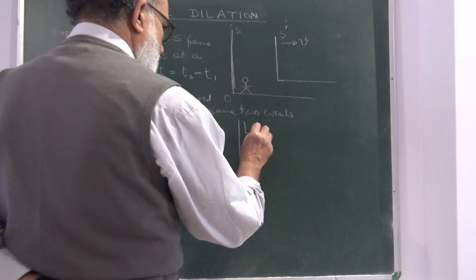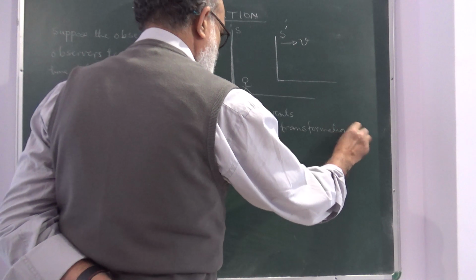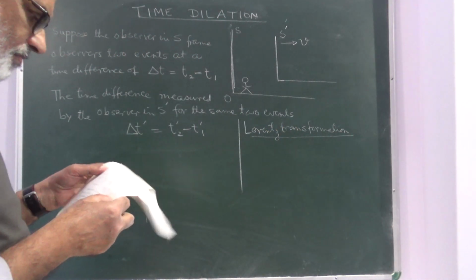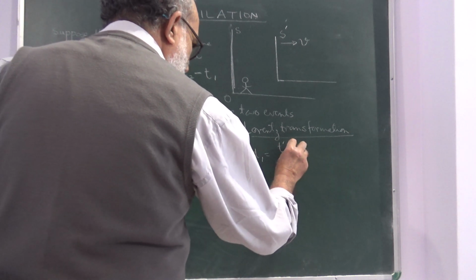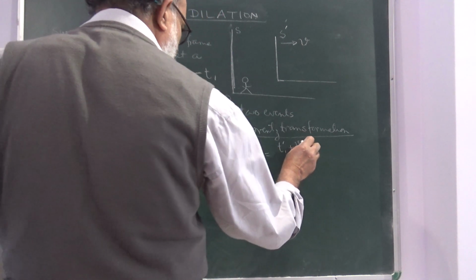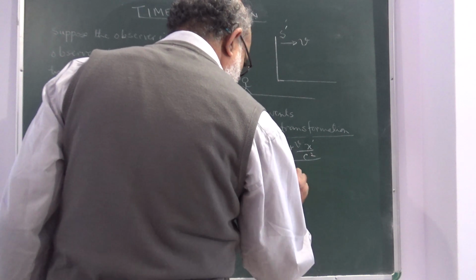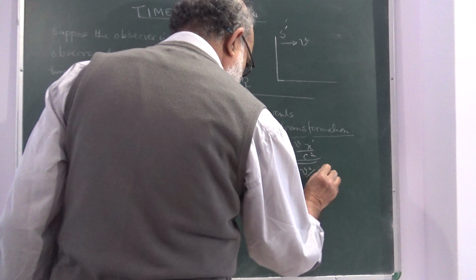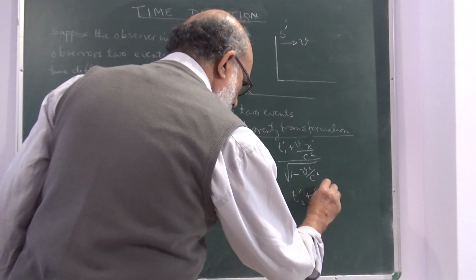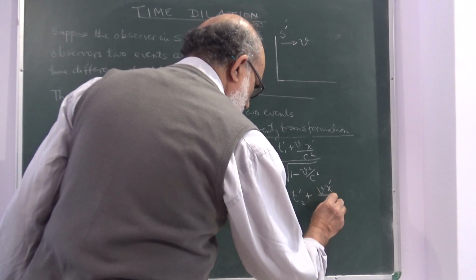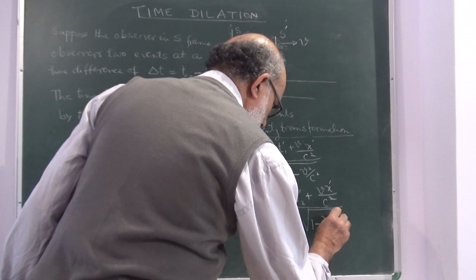The Lorentz transformation for time was that T1 is equal to T1 dash plus Vx by c square, and T2 is equal to T2 dash plus Vx dash by c square, all divided by the square root of 1 minus v square by c square.